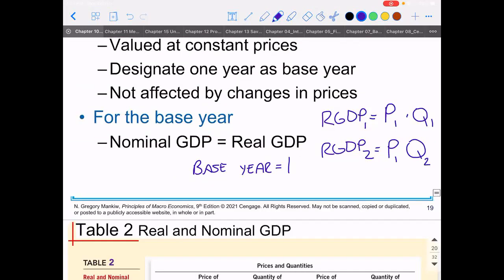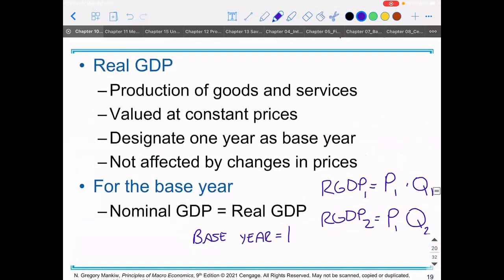See what's happening there with real? What's happening there with real is that my price stays the same. So the only way that real GDP can change is if the Q changes. How I picked this base year, that's just dependent on what you wanted to do as a researcher.